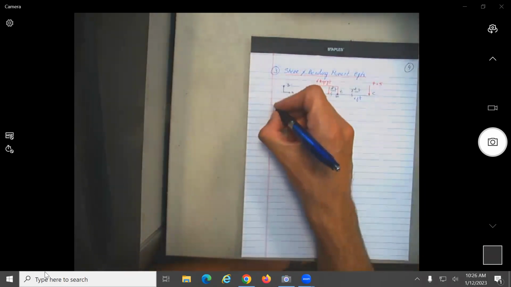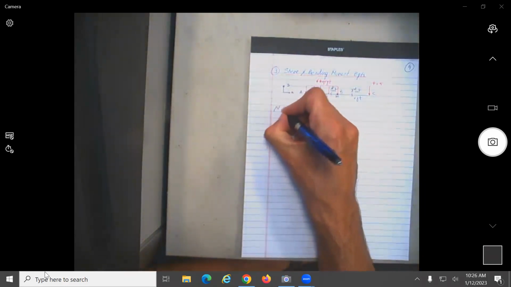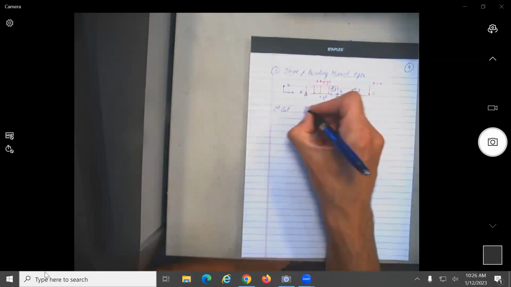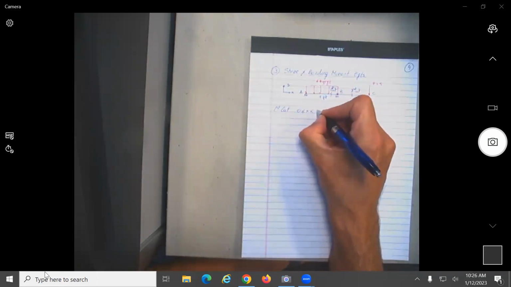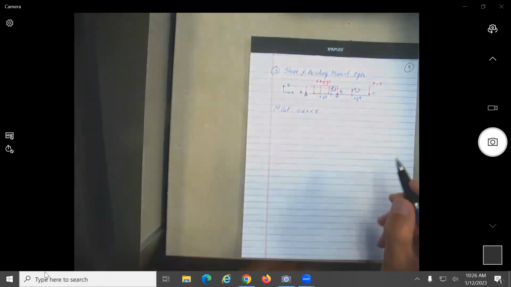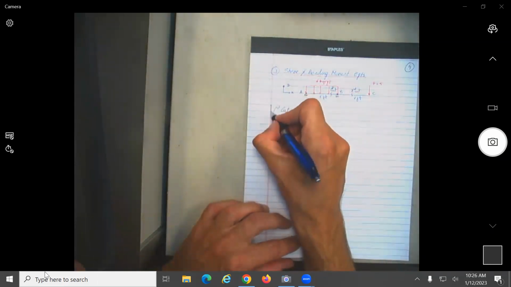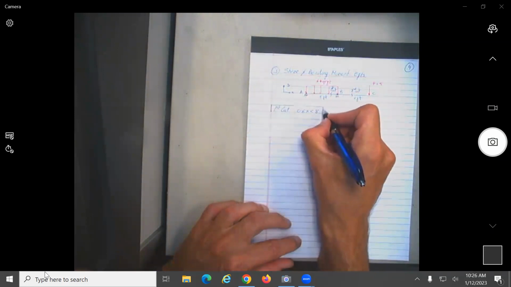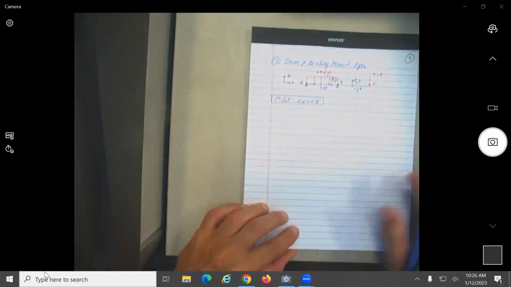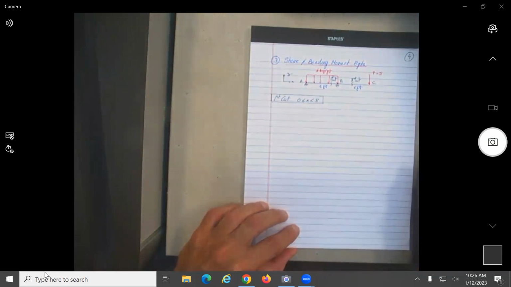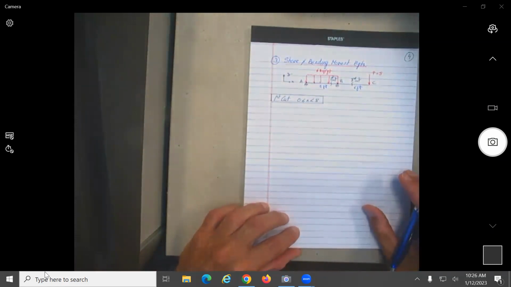All right, so let's look at our first cut over here. First cut is between X equal to 0 and 8. So we don't get to 8 exactly, but between 0 and 8.